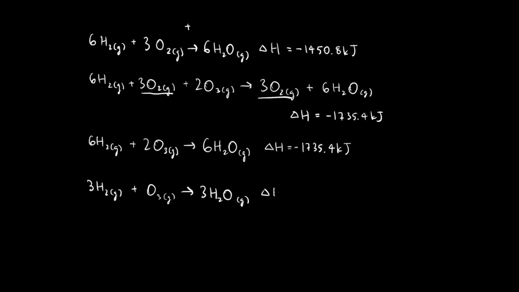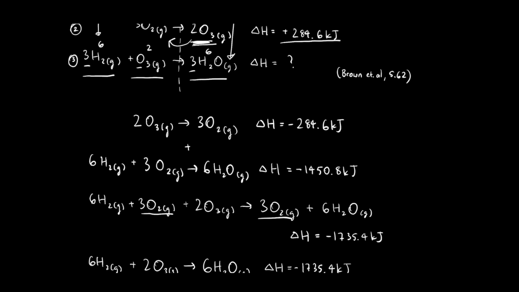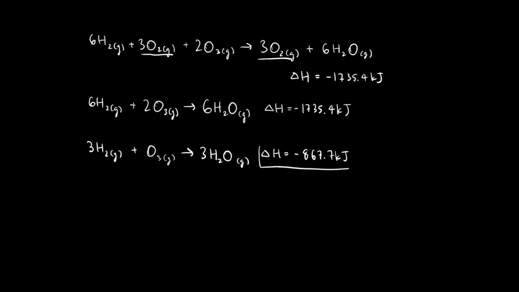And of course, keeping with the theme, we also divide the delta H by 2. That gives us an answer of negative 867.7, which, if we look at the original question, is exactly the answer that we want.